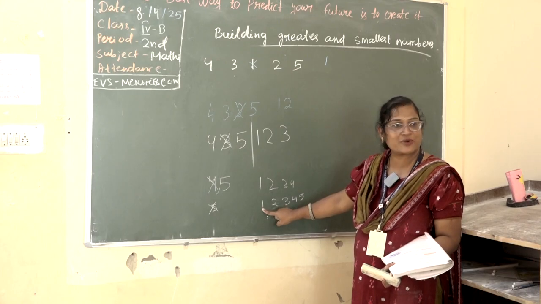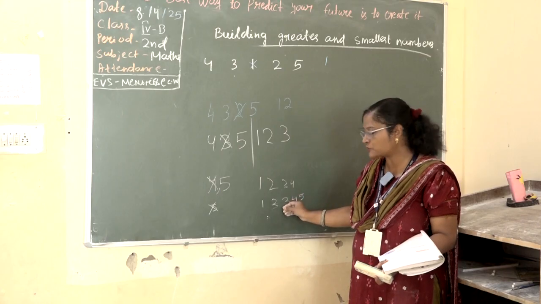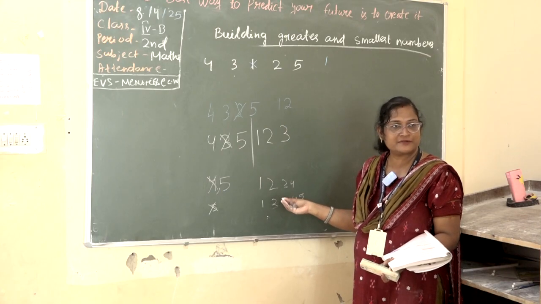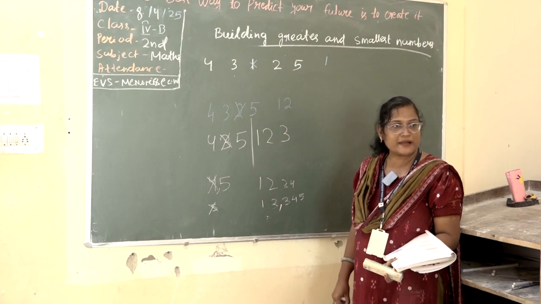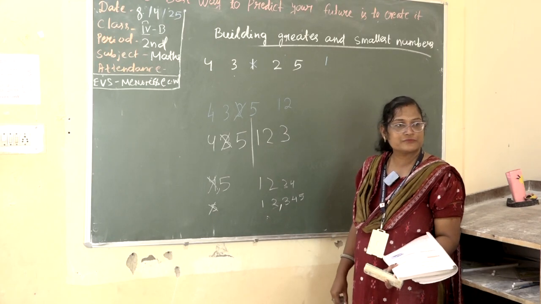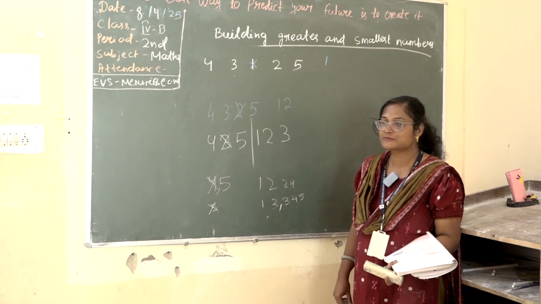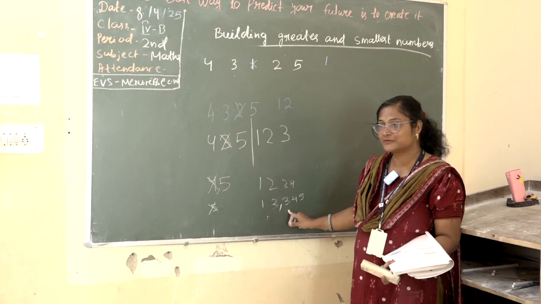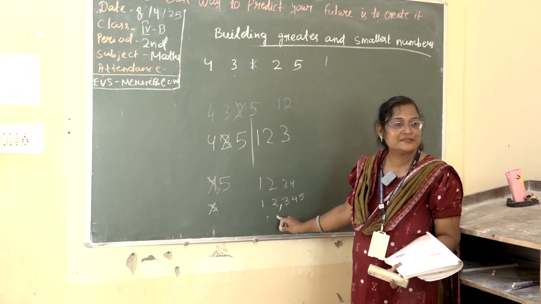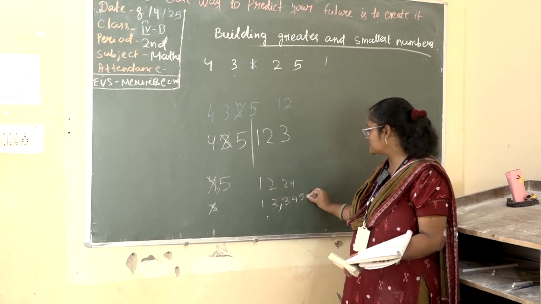So this is the ten thousands place. How to read? You have to give a comma where? Before the last 3 digits you have to give a comma. So what is the number now? 12,345. Okay. So the smallest number you are getting is what?